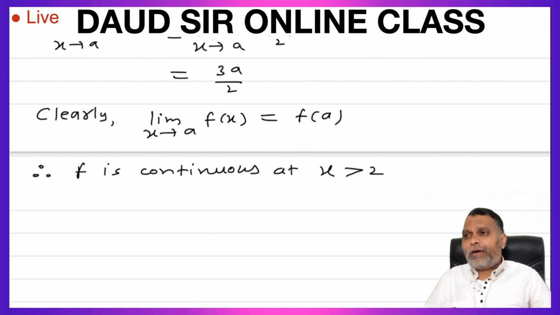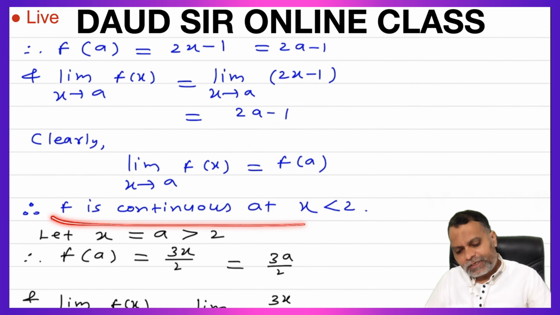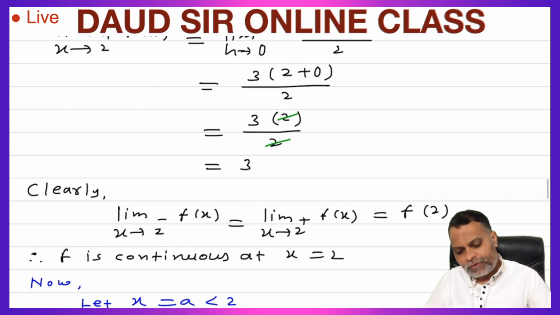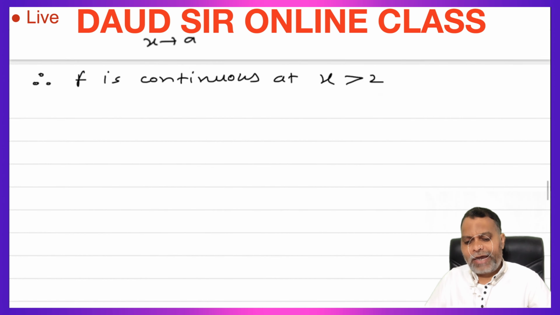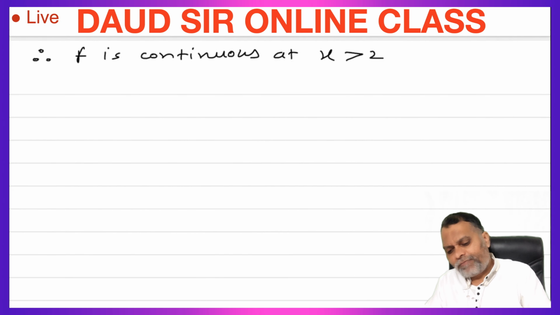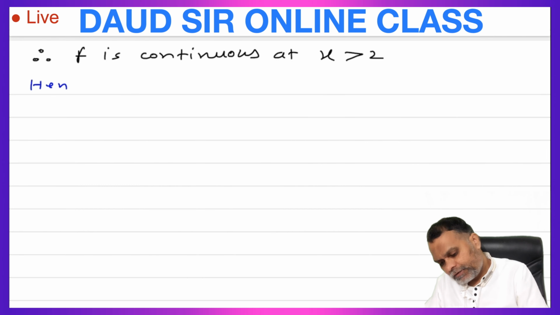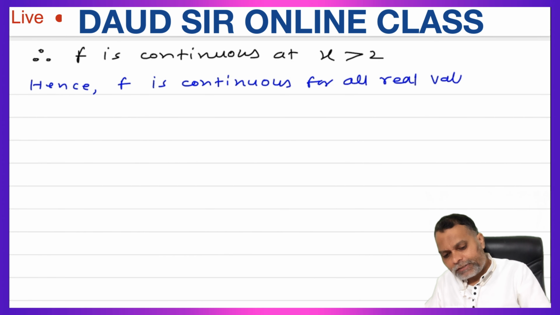So, f is continuous for x greater than 2, f is continuous for x less than 2, and f is also continuous at x is equal to 2. So hence we can say this function is continuous everywhere. Hence f is continuous for all real values of x.